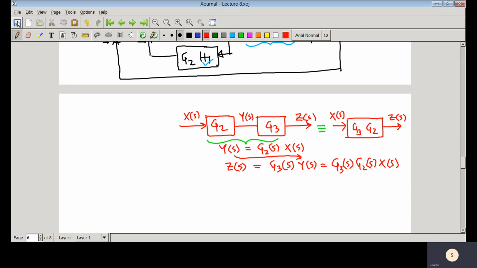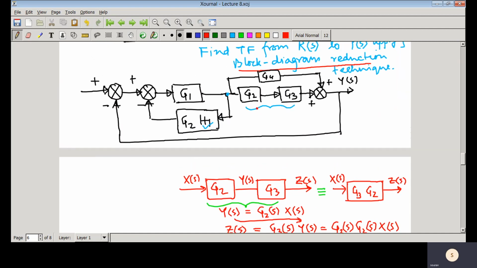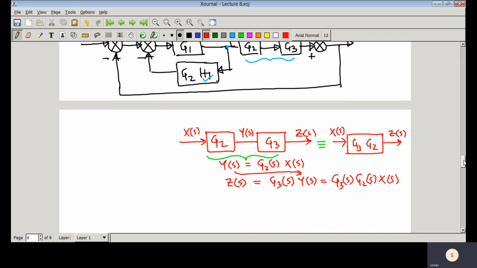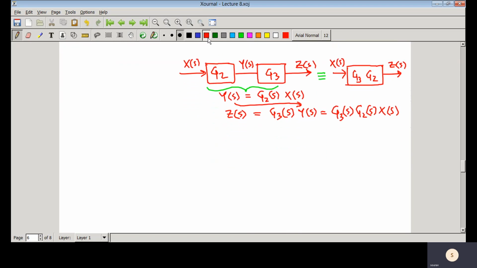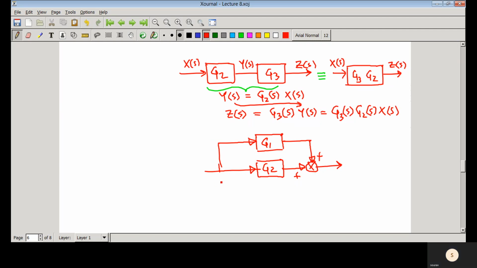So here we can simplify this part. That means we can write G2 into G3. Another thing we can see here: suppose you have G1 here and G2 here, and your signal is going like this, with a comparator where this is plus and this is plus. Suppose this is XS, this is YS.